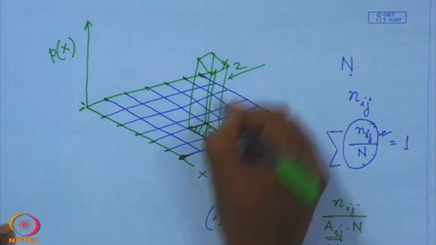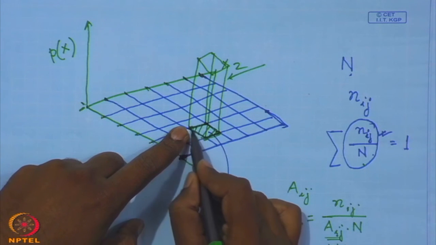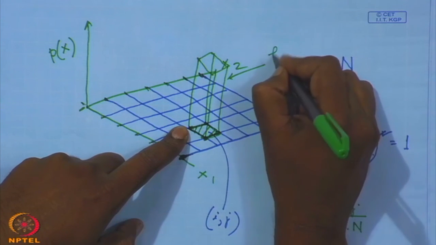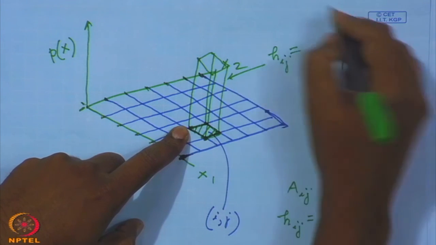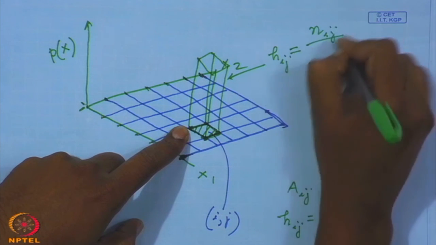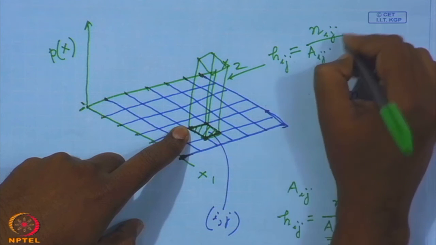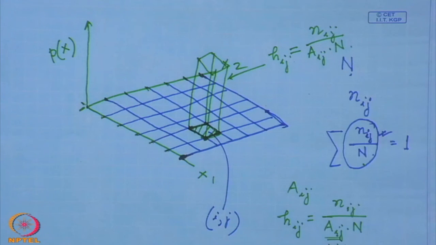Then the probability estimate h_ij will be given by n_ij, the number of samples falling in the ijth bin, divided by capital N, the total number of samples, divided by the area of the ijth bin, a_ij. So, the height of this bar, which represents the probability density estimate within this bin, h_ij, is simply equal to n_ij upon a_ij times capital N. This is a simple extension from our one dimensional case to a two dimensional case.